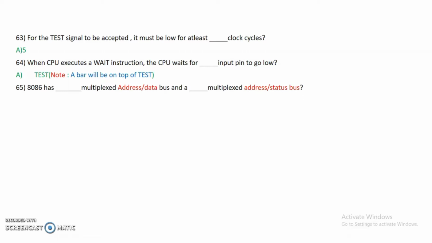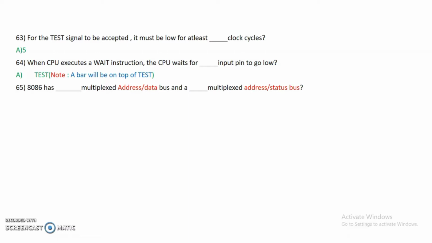Bit number 65. 8086 has dash multiplexed address data bus and dash multiplexed address status bus. Basically the 8086 microprocessor has a combination of both address and data lines, and address and status lines.